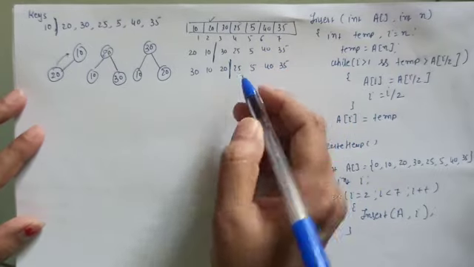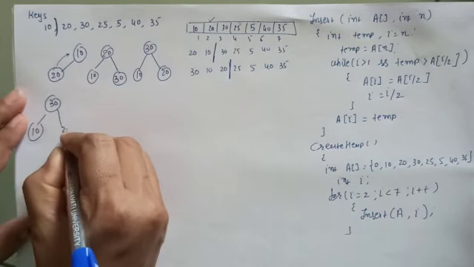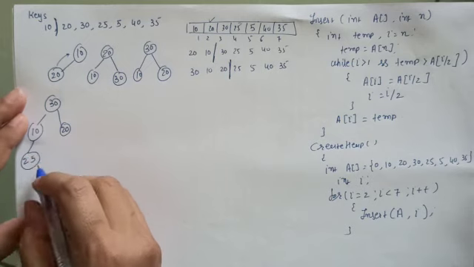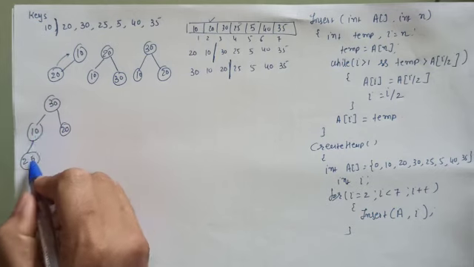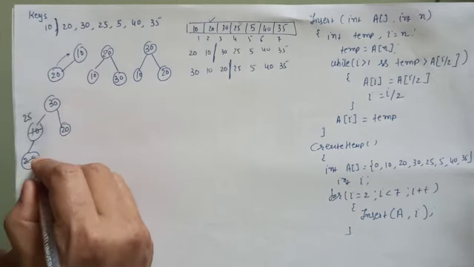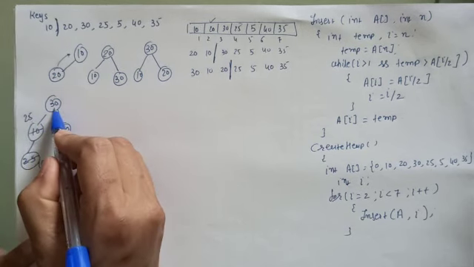Next is 25. So 25 would be inserted in the first available free space. Then that 25 is compared with its parent, that is 10. As 10 is smaller, 25 comes here and 10 goes down. Now again 25 is compared with 30.